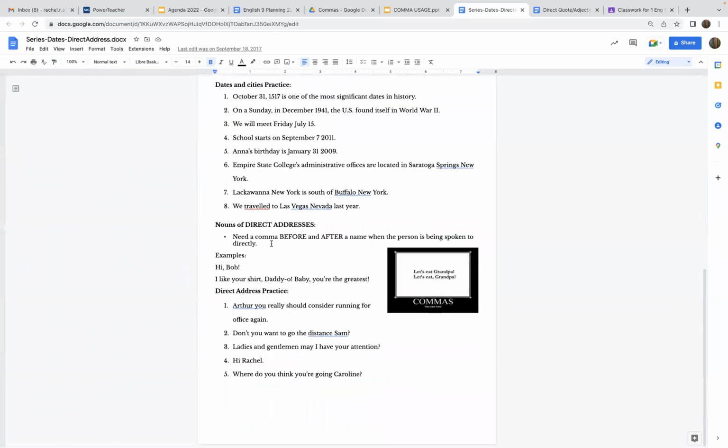And then you're starting down here with that cute little meme, let's eat grandpa, or let's eat comma grandpa. In the first one, the joke is that you're talking about eating grandpa. And in the second one, you're talking to grandpa, telling him it's time to eat. So that one, commas are very important.